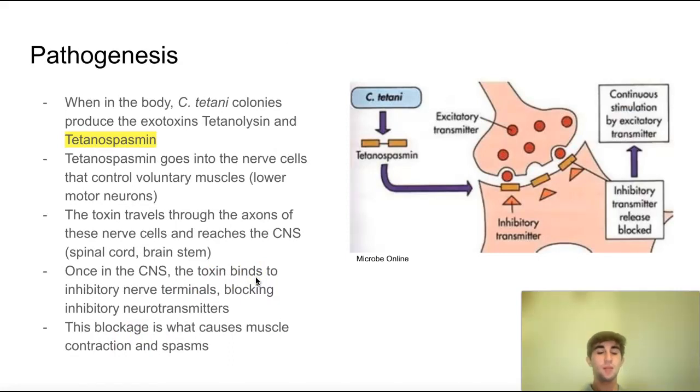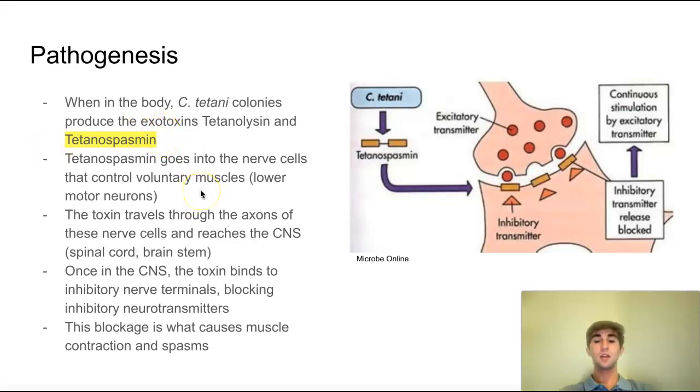So what does Clostridium tetani actually do to cause tetanus disease? Once it's in the body, these colonies of Clostridium tetani are going to produce the exotoxins tetanolysin and tetanospasmin. Tetanospasmin is highlighted here because this is the important one. That's the causative agent of tetanus disease. This is going to be the one doing the damage.